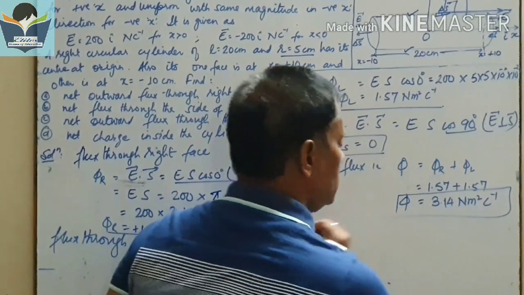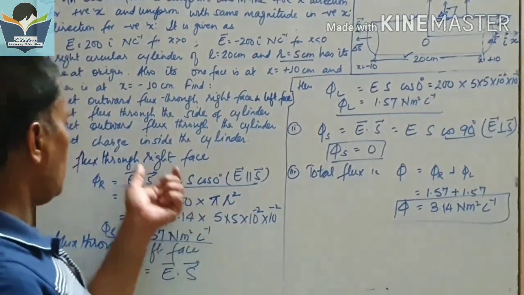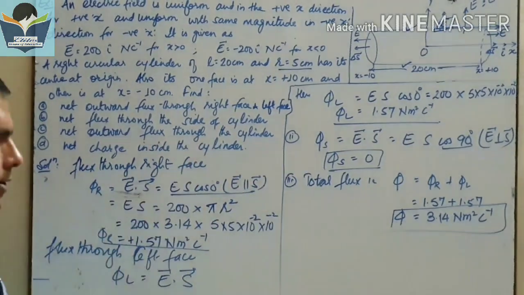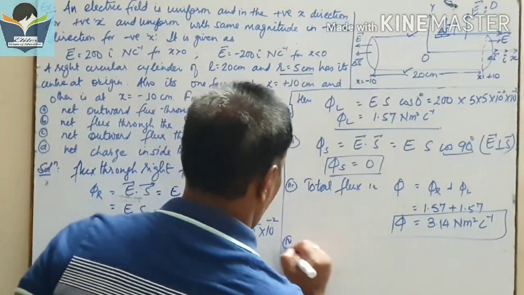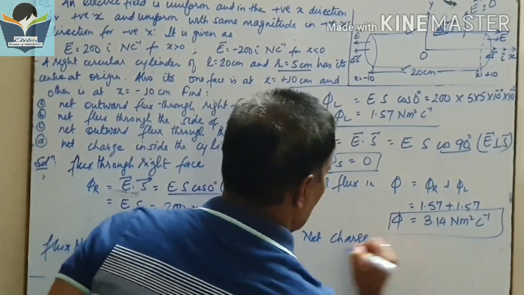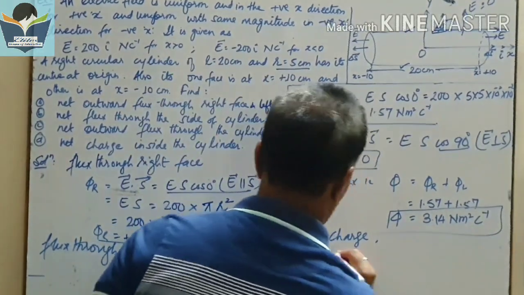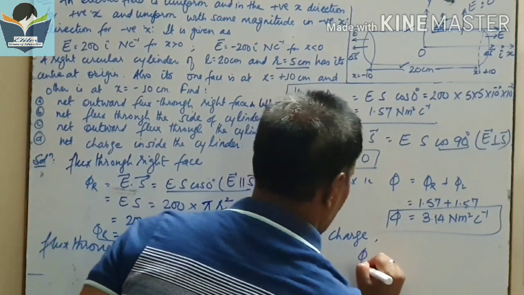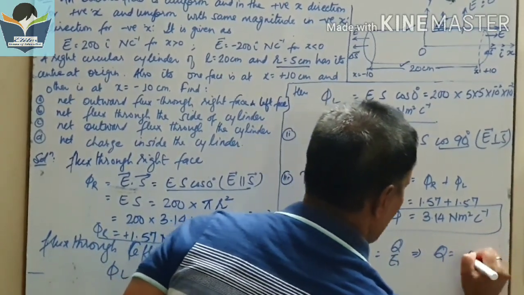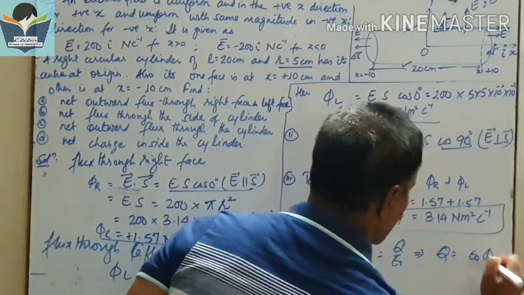Now the application of Gauss's law. Net charge inside the cylinder. How much is that? The fourth part, net charge. For this we have flux equals Q upon epsilon naught. So this gives that Q must be equal to epsilon naught into flux.